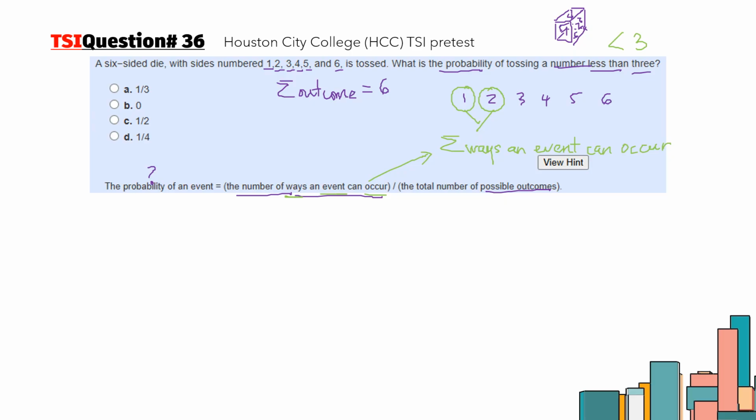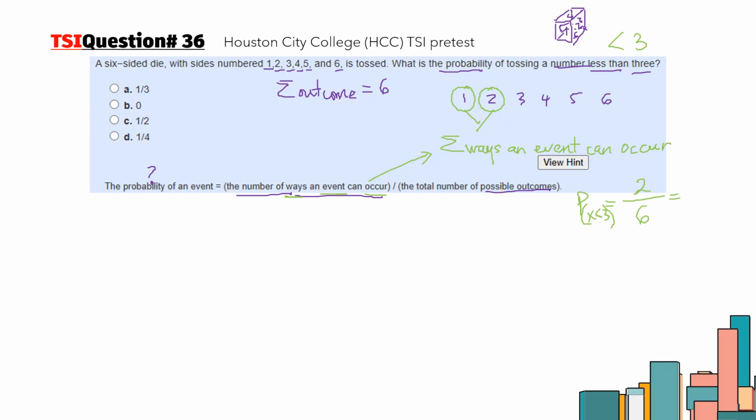That is 2 outcomes out of 6 outcomes. Okay, 2 out of 6. That is your probability of the event that you pick a number less than 3.